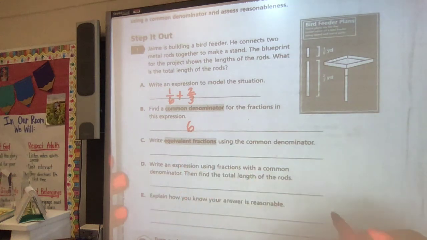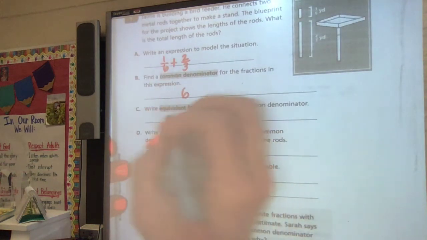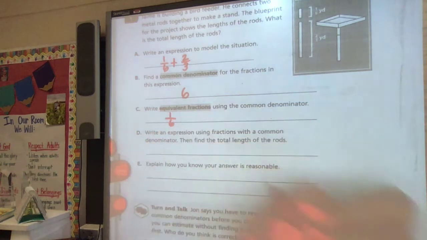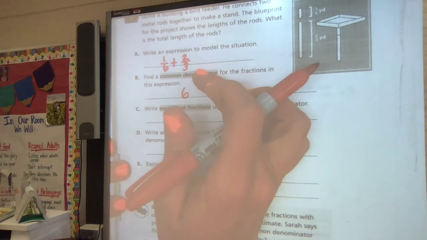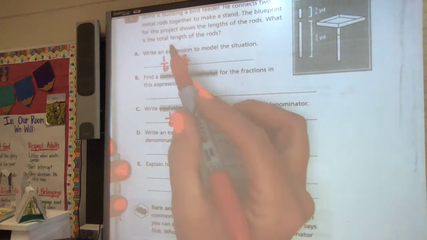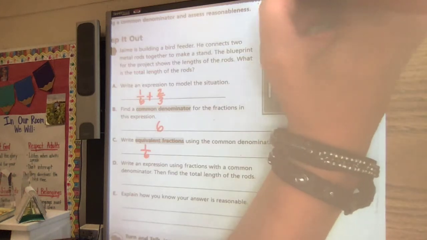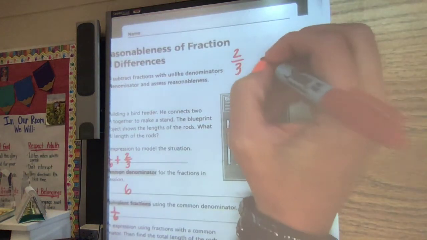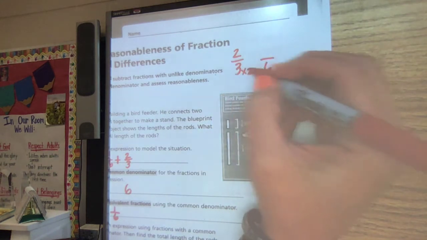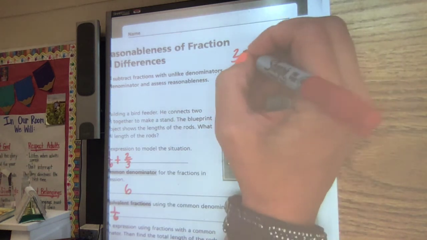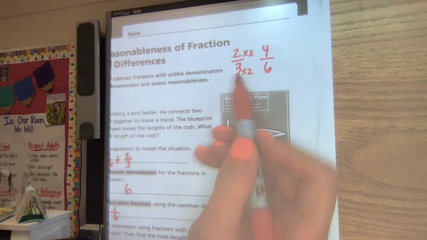Write equivalent fractions using those. Since this fraction 1/6 already has 6, we don't need to change it. But 2/3, if I was changing it to 6, I know that it took 2 of those to give me 6, so 2 of these, 4/6 will be equivalent to 2/3.